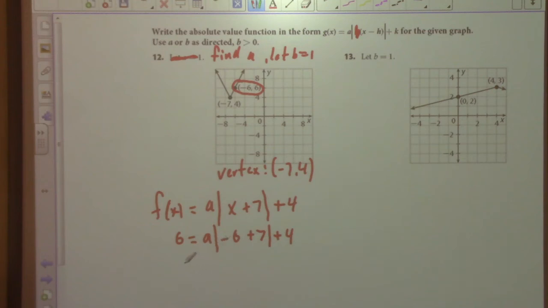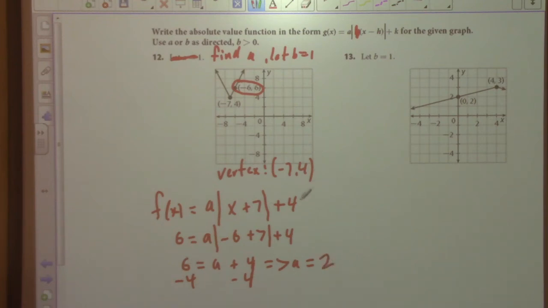Yeah. So we have 6 is equal to, what does this simplify to? Negative 6 plus 7 is 1. So 6 is going to be A plus 4. So A is going to be equal to what? A is equal to 2, right?